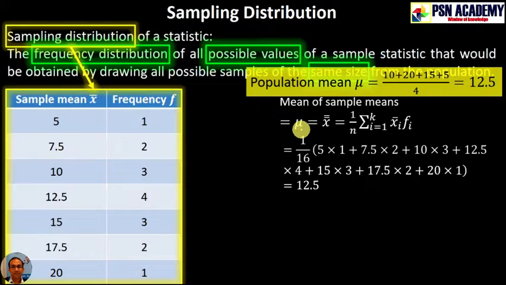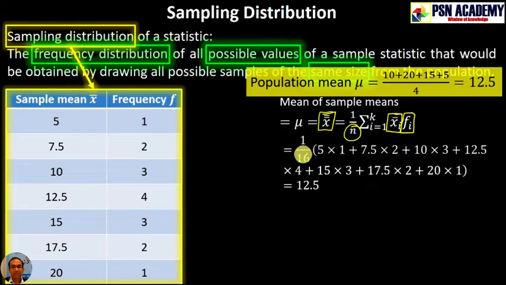So we denote the mean of sample means as x double bar, and we have the summation of each mean, that is xi bar, multiplied by the corresponding frequency, and we add all those components and divide that summation by n, where n here is 16.